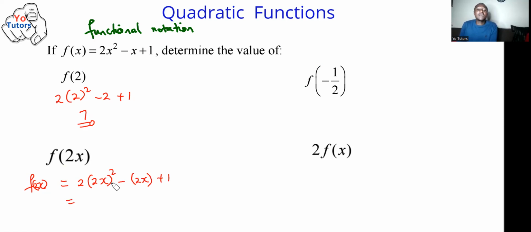So in this case, 2 squared is 4x squared minus 2x plus 1, which is going to be equal to 8x squared minus 2x plus 1. So I will leave you to do this one and this one, guys.